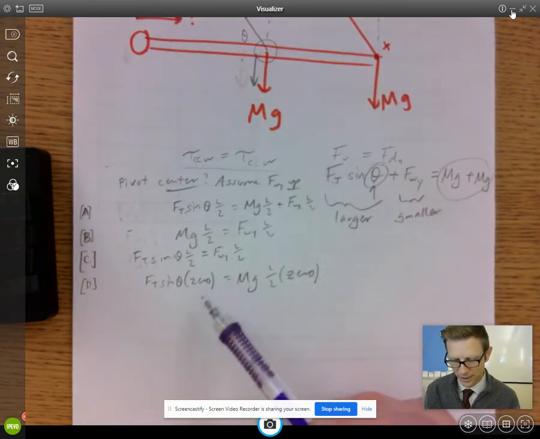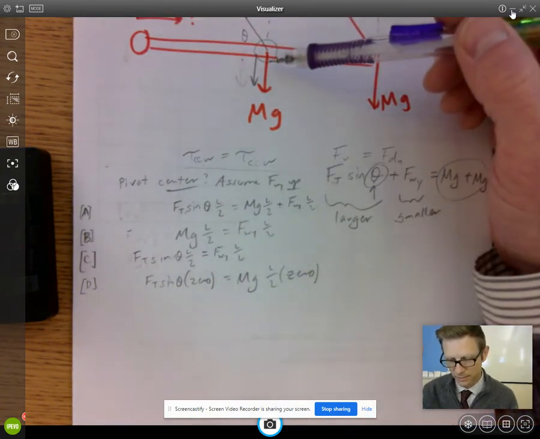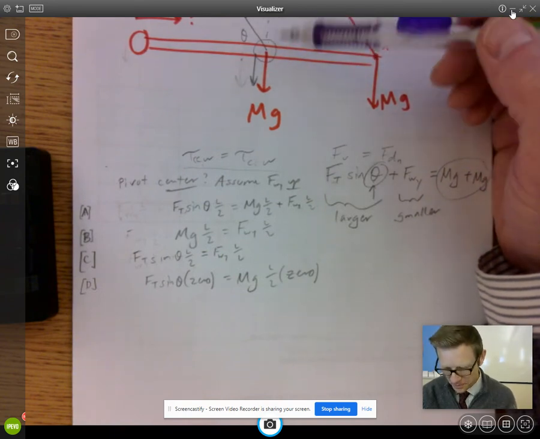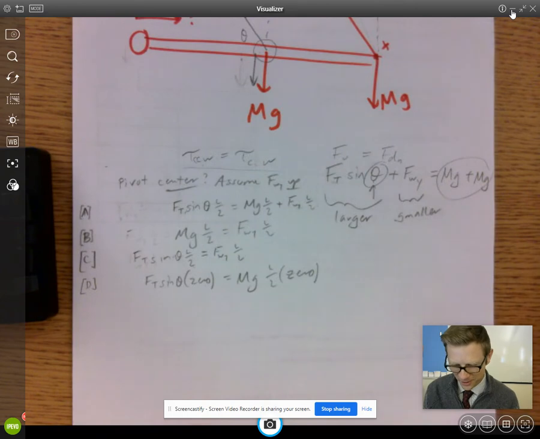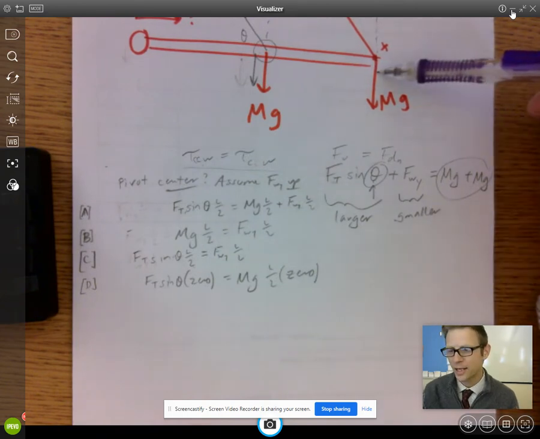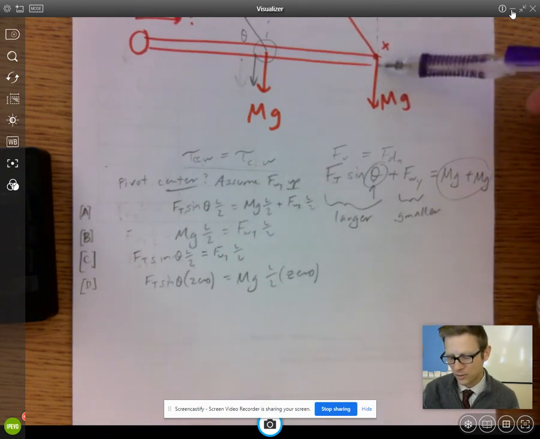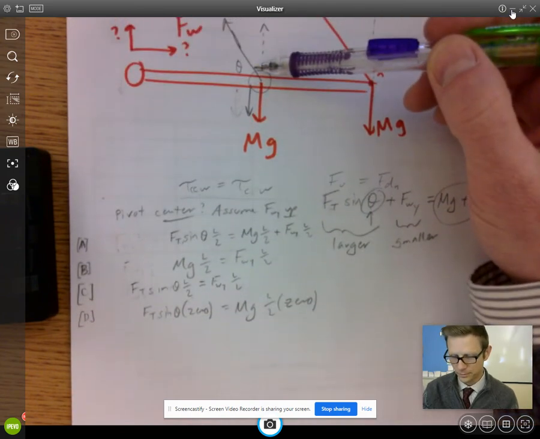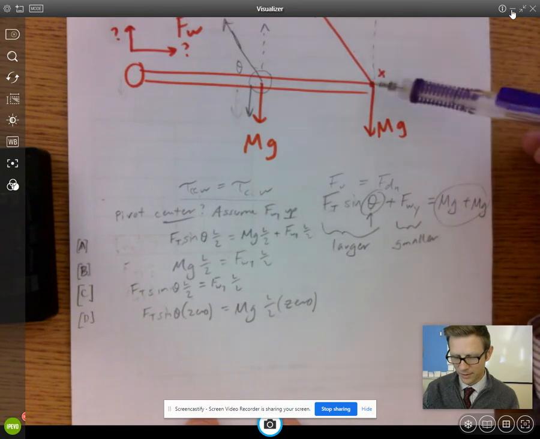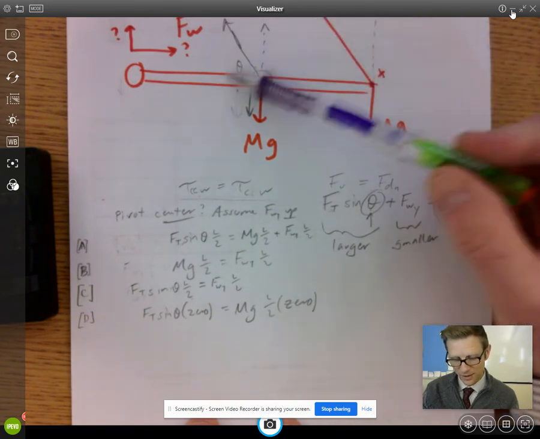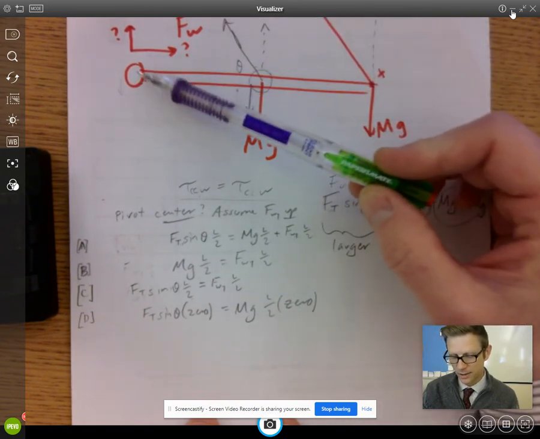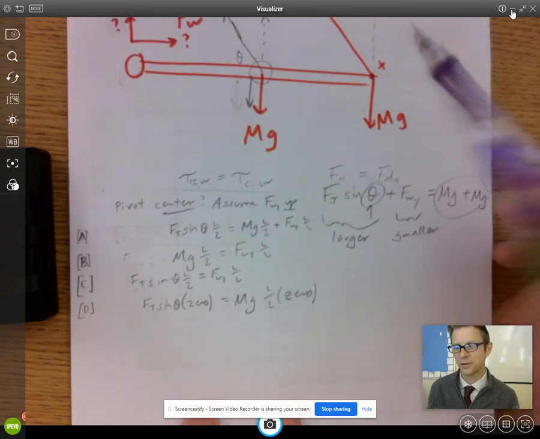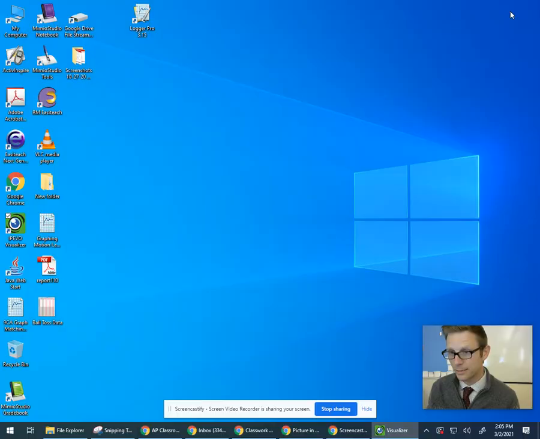And then when you finally move everything to the center, you realize it's going to be balanced at the center, because there are no torques you can find anywhere, because there's no longer a clockwise torque here or a counterclockwise torque here, because you moved them to the center. And therefore, there can't be a clockwise or counterclockwise torque on the other side, so it's effectively 0. So I'm saying the answer is D.